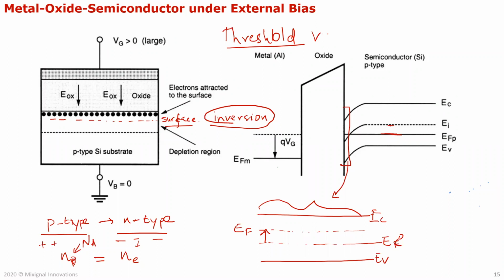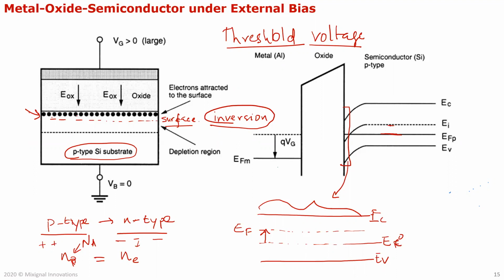It's called a threshold voltage because it's the voltage above which this channel gets formed, or the type of the material gets inverted. So it becomes from P-type to N-type. You have a lot of electron carriers right now, which are the minority carrier for the P substrate, but they become the majority here. So that's why it becomes almost like an N-type.